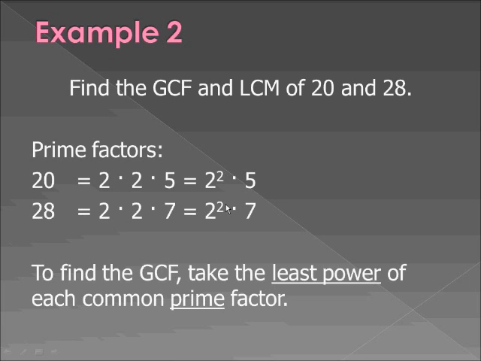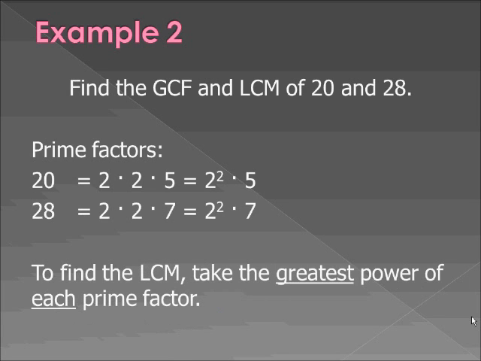But in this case, both of them have an exponent of 2. Therefore, the greatest common factor is 2 squared, or 4, since the square is the least power of each common prime factor. That's how you do GCF. Look for the common prime factors and take the smallest power of each of those numbers.